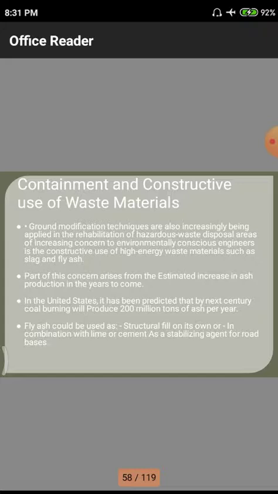In some cases they are using them as fibers. Whatever the material may be, we need to use it according to its physical properties and chemical properties. Okay, this is the main theme for this containment and constructive use of waste materials.